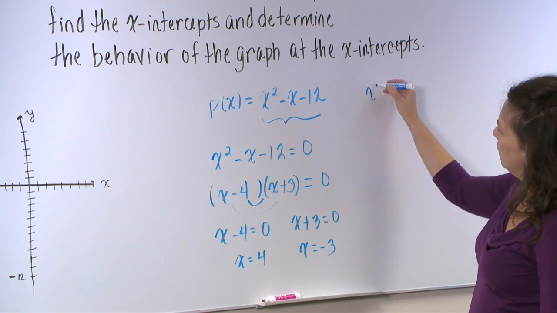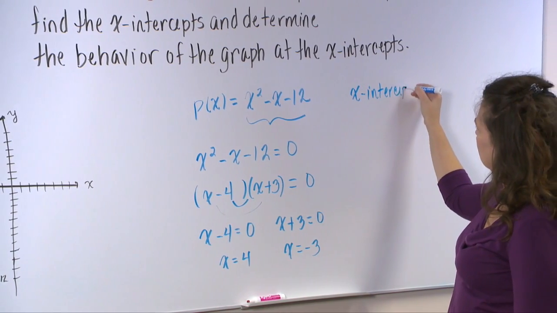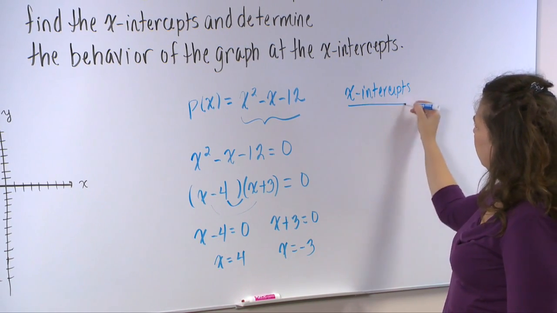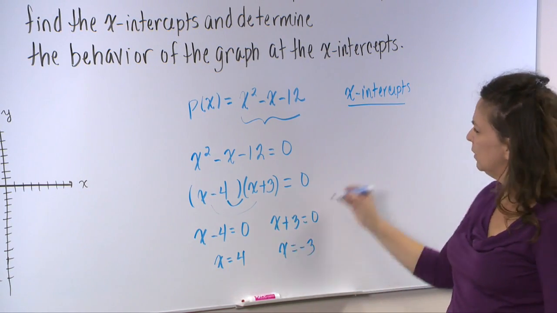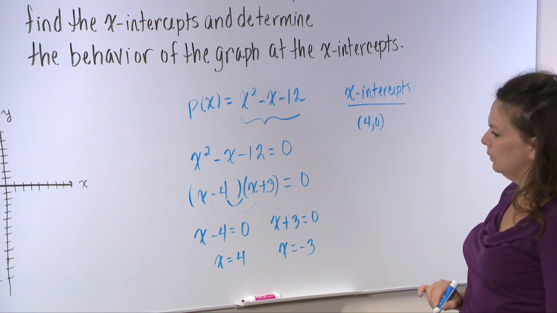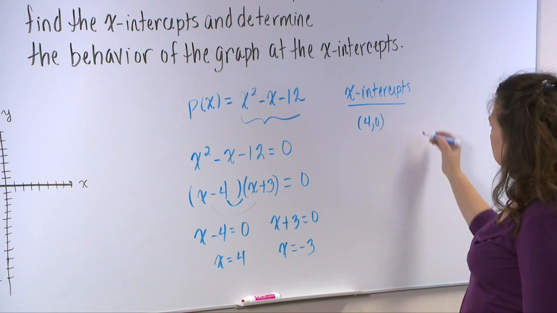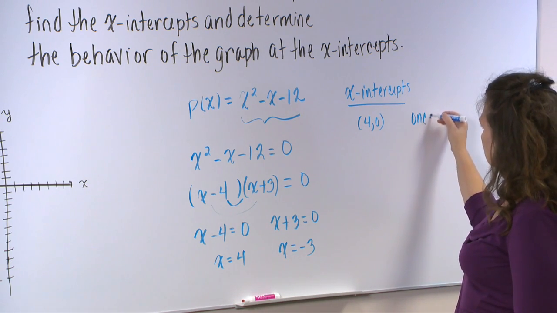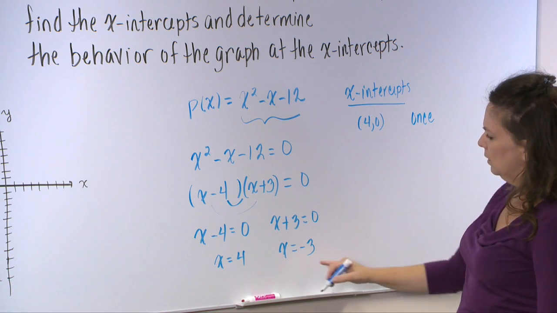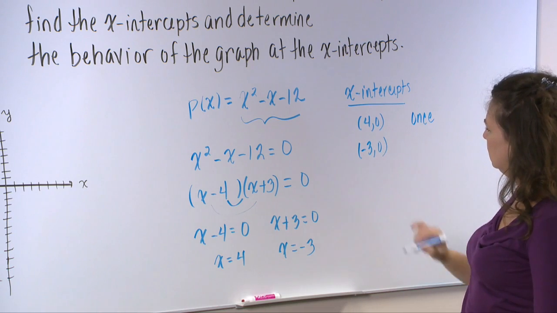I'm going to come over here and I'm going to make a table. So I have the x-intercept. The first x-intercept is 4, 0. And this occurs one time. So it occurs once. This x-intercept is negative 3, 0.